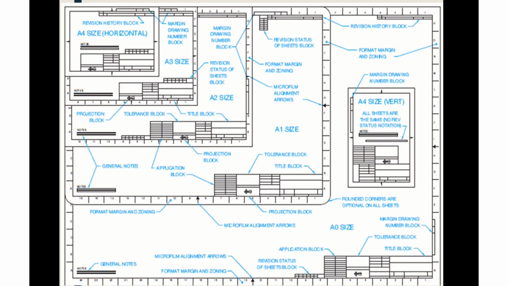Also, we can see from the screen the various sizes of drawing sheet placed together. Here is the A4 paper, the A3, the A2 size, the A1 size, and the A0 size. Now, the idea of this is that when you want to draw, you need to have adequate space on your drawing board.